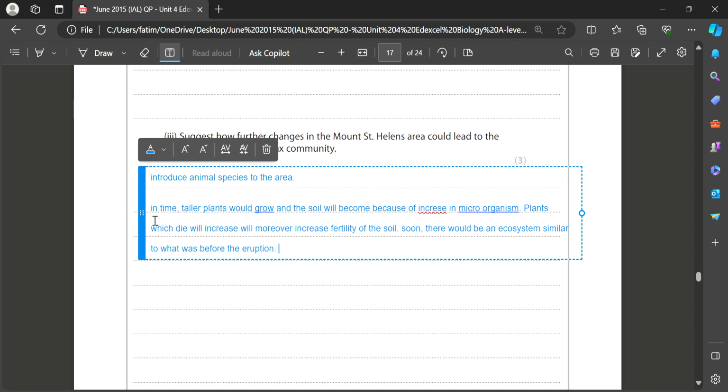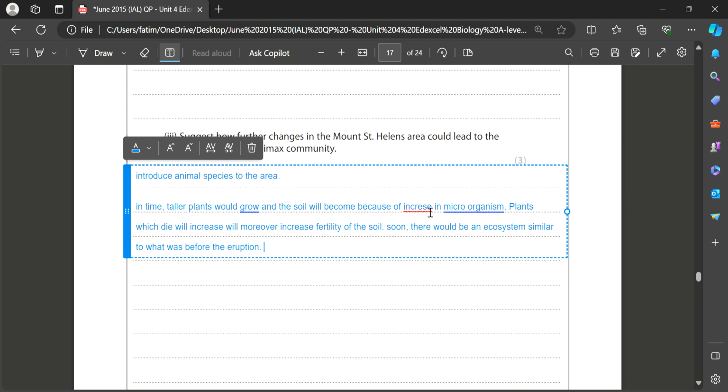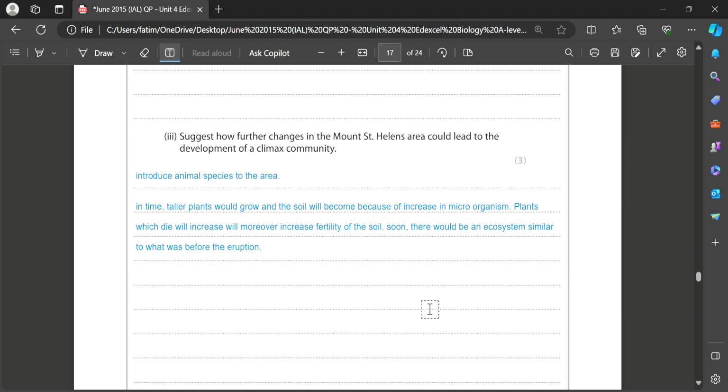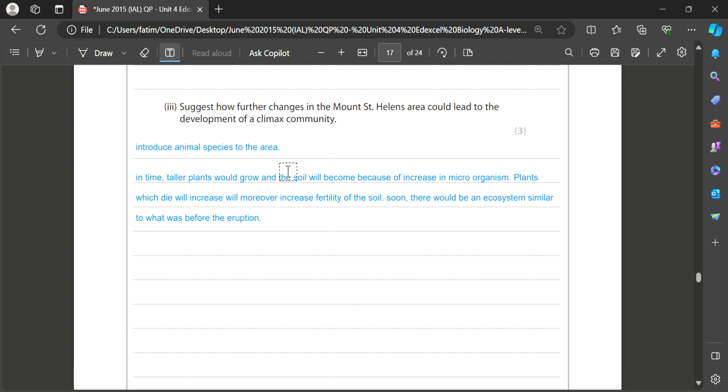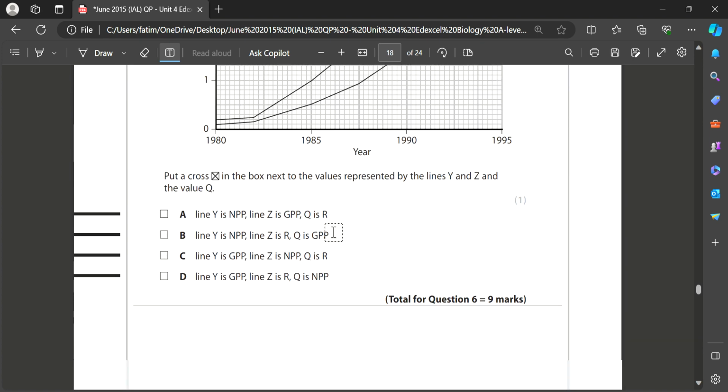There we go. That's 3 marks. So introduce animals to the area is 1 point, taller plants is another point, soil becomes deeper is another point, and similar to what it was before the eruption is 1 point as well.